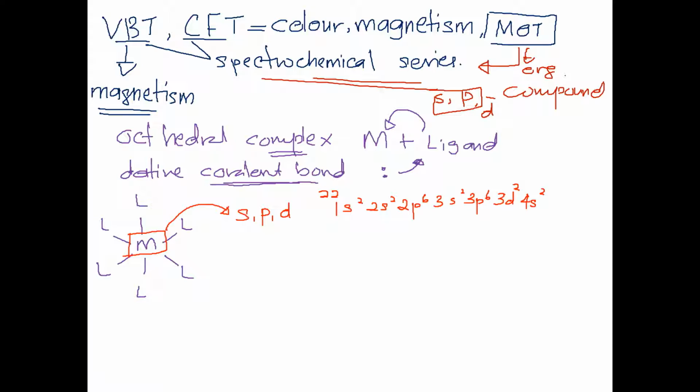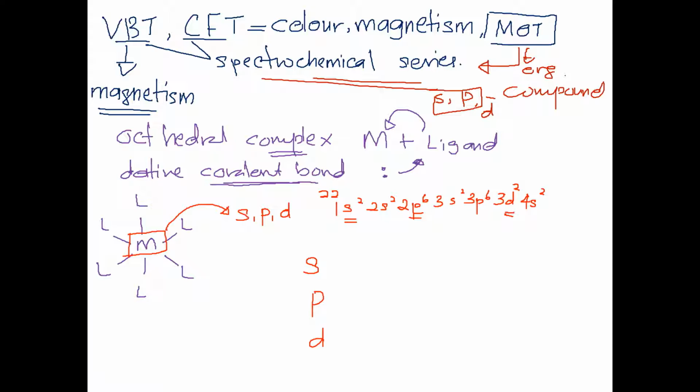So it means that for the metal complex, it consists of s, p, and d orbitals.